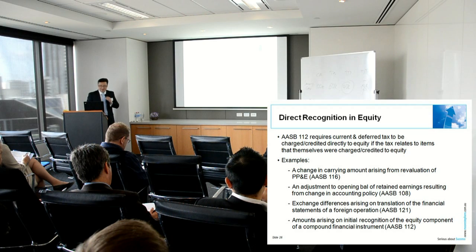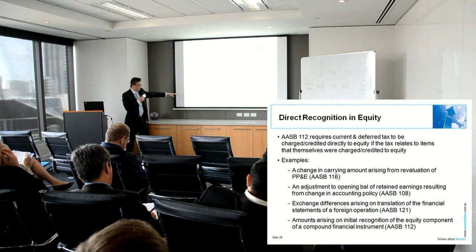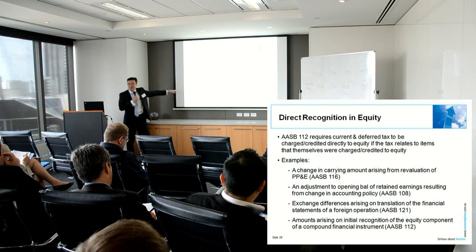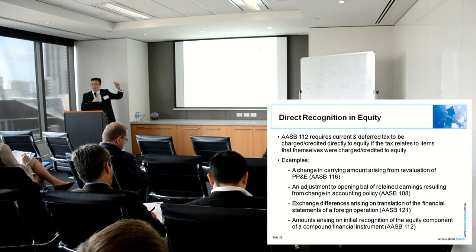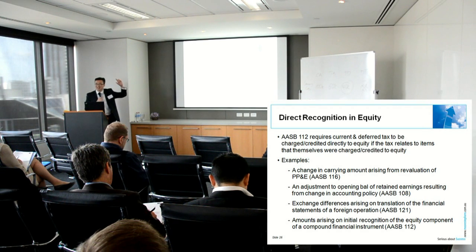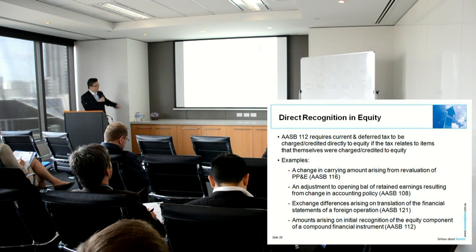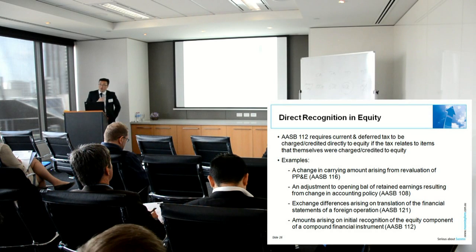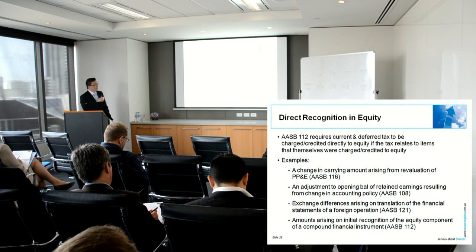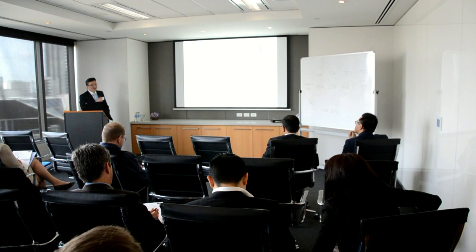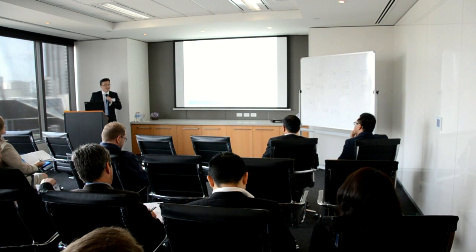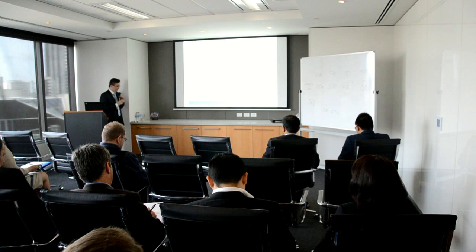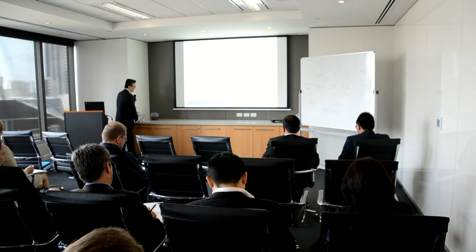Sometimes you might have, that last point there, compound financial instruments, which is pretty common as well, a convertible note, for example, where part of the face value is in liabilities and part is in equity. Sometimes you might change your accounting policies, and that entry goes against the opening retained earnings. So those are some of the things that could result in equity adjustment. That's the direct recognition to equity.